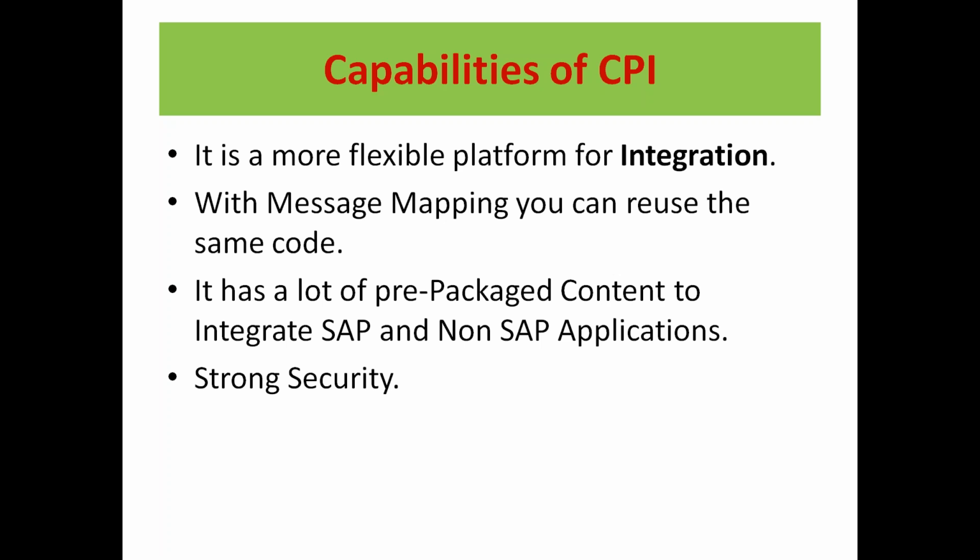You can create a value mapping table in which you mention, for the source value 1, the target value is active; for 2, transfer; for 3, termination. So you maintain a table of the values in the source system and the values in the target system, and using value mapping you can map them.